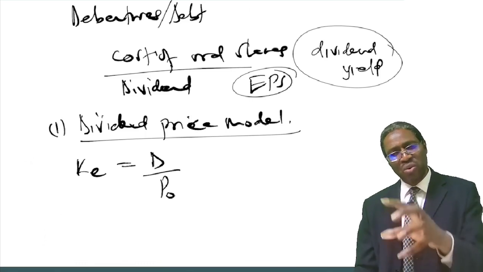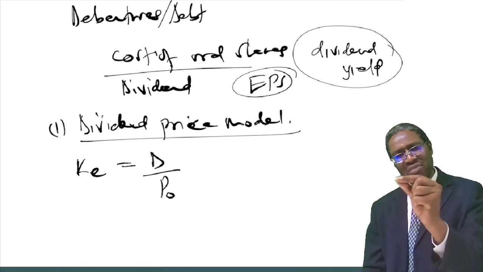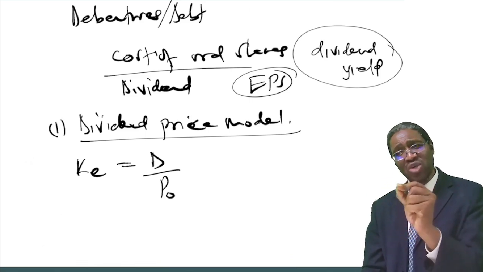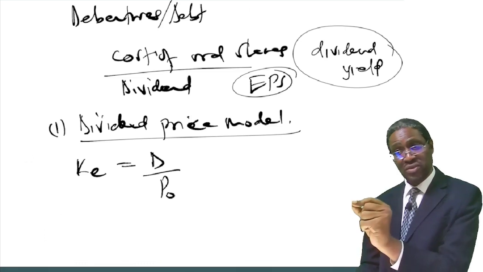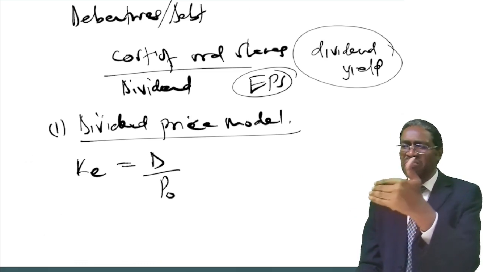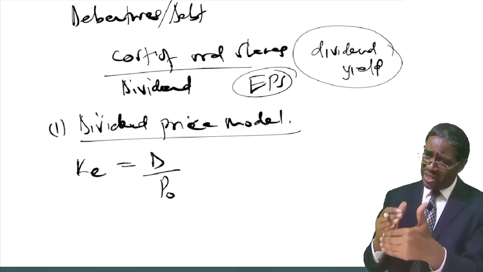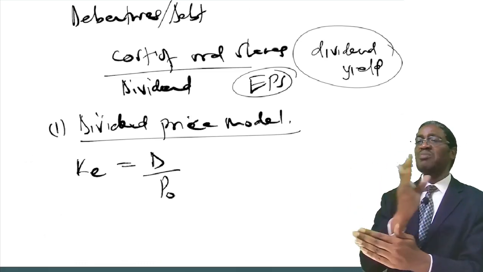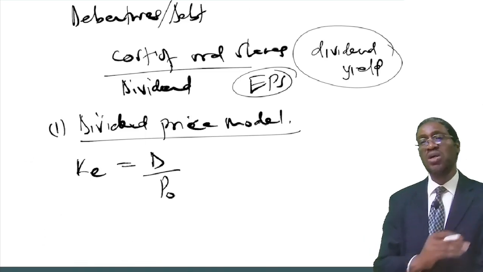So we are saying D divided by P0 is the dividend yield, and it represents the real return to the providers. That being what they are expecting as their return becomes a cost to you as a company.